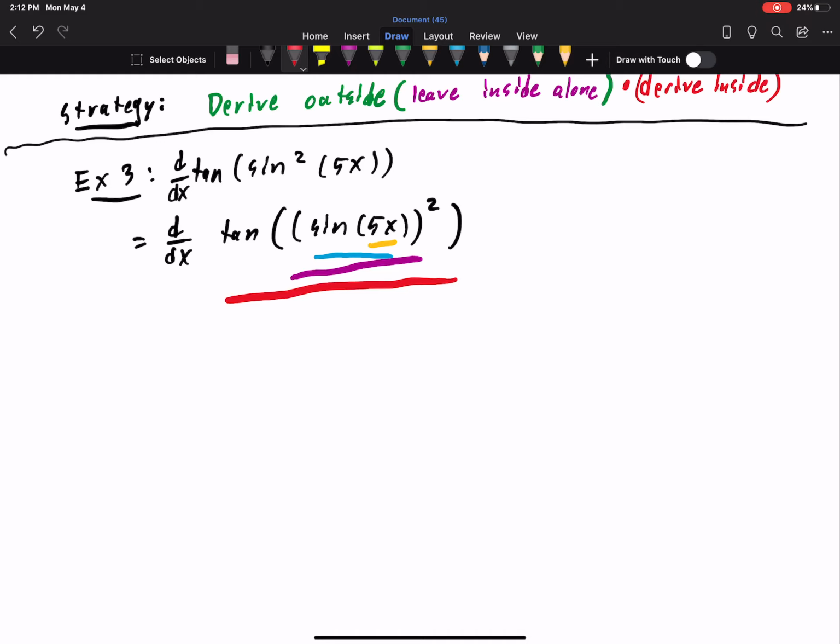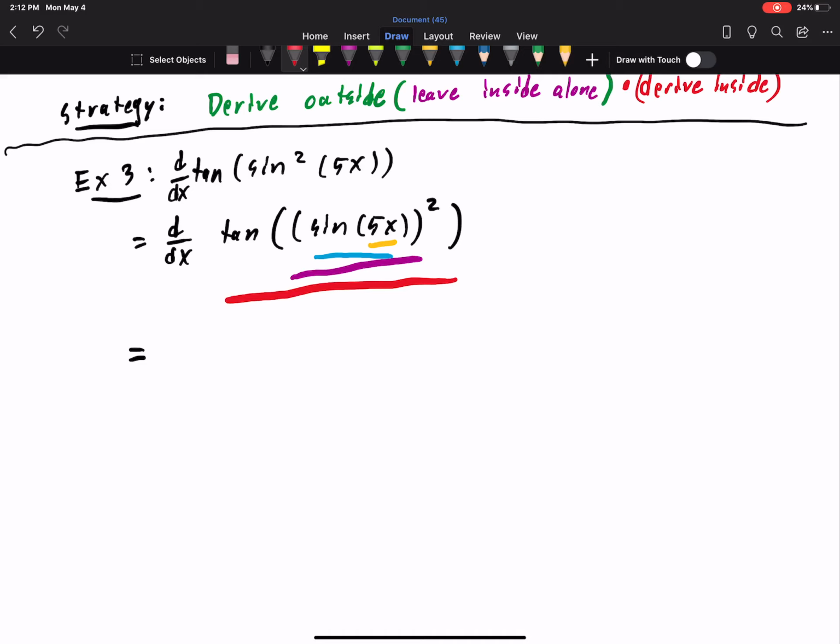So when using the chain rule, we have to work from the outside in. Our first step is to work with the big stuff first, the red function, our tangent. So derive tangent. What is the derivative of tangent?